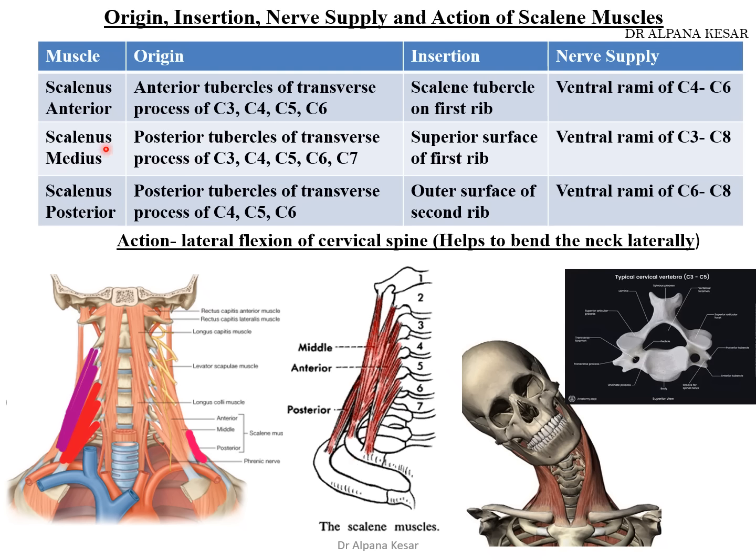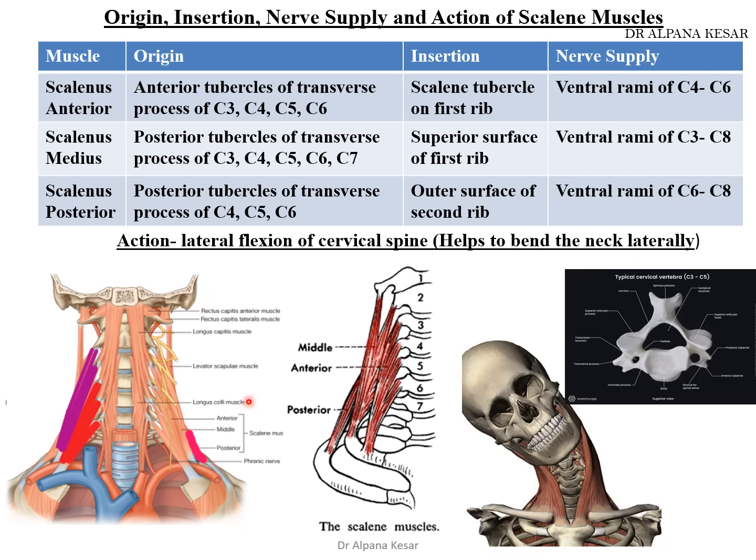Scalenus medius takes origin from the posterior tubercles of the 3rd, 4th, 5th, 6th, and 7th cervical vertebrae. It gets inserted on the superior surface of the first rib. It receives its nerve supply from the ventral rami of 3rd to 8th cervical spinal nerves.